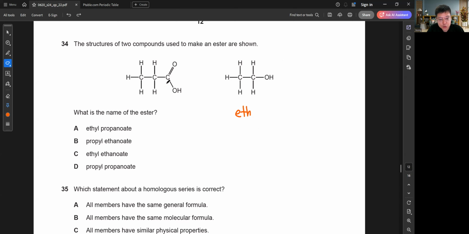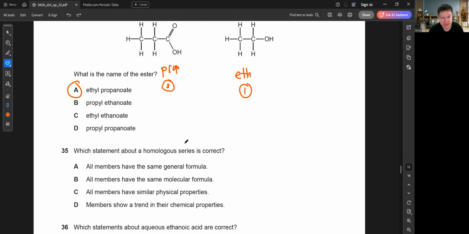And this one here is 3, and this one is the carboxylic acid, and it has 3, so it's prop. This one comes first because, as we memorize, the alcohol name must come first and then the carboxylic acid. So the only one that has eth at the front and prop at the back is answer A. So the answer is A.